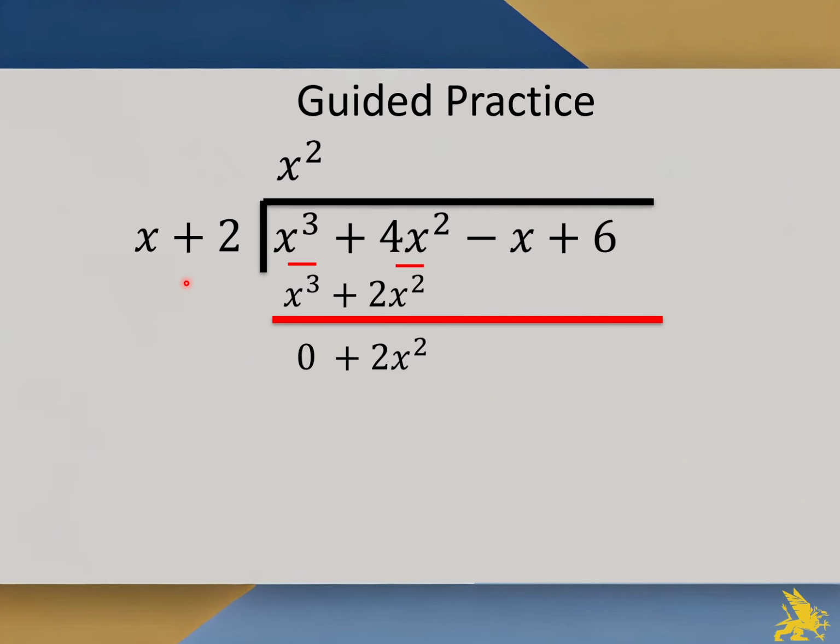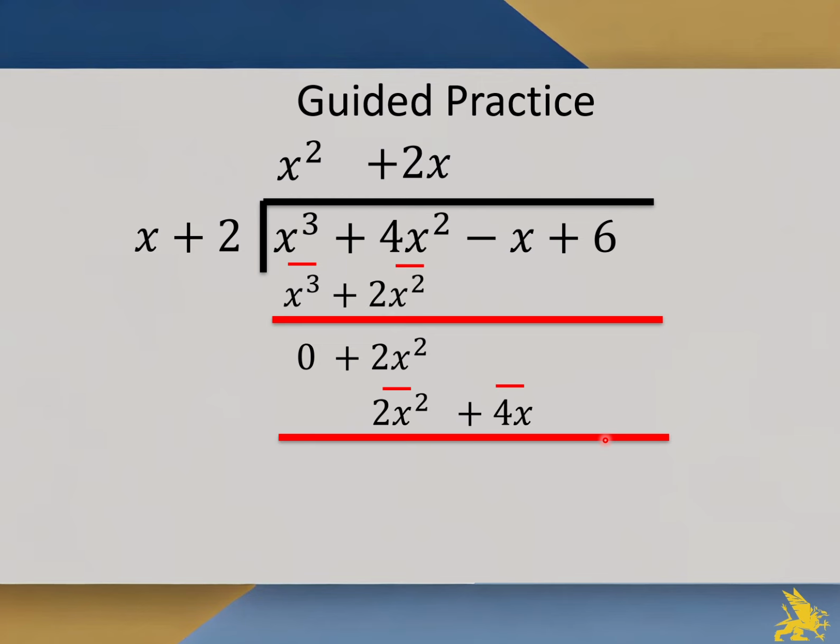2x squared divided by x gives me 2x. 2x times x is 2x squared, and 2x times 2 is 4x. This is what I've shared. I take that away. Negative x take away 4x gives me negative 5x. Negative 5x divided by x gives me negative 5.